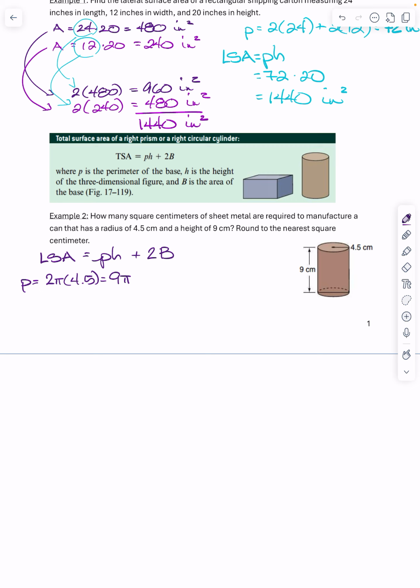Okay. I get 9 pi. I'm going to leave it like that until I put everything into the calculator. The area of the base is going to be pi r squared. So I'm just calculating the pieces that I need to start.